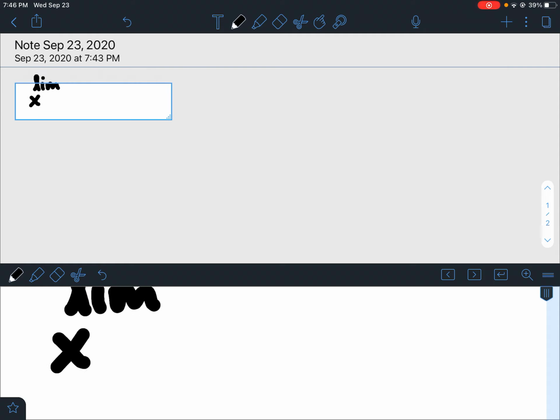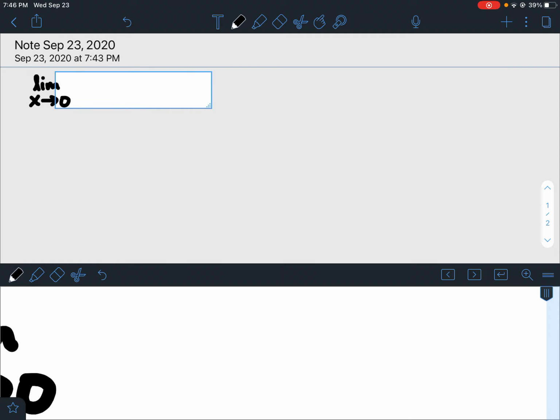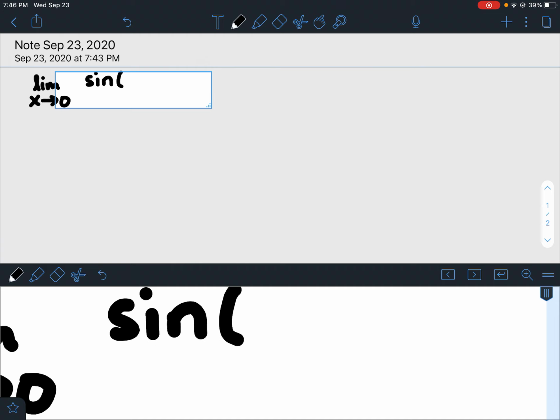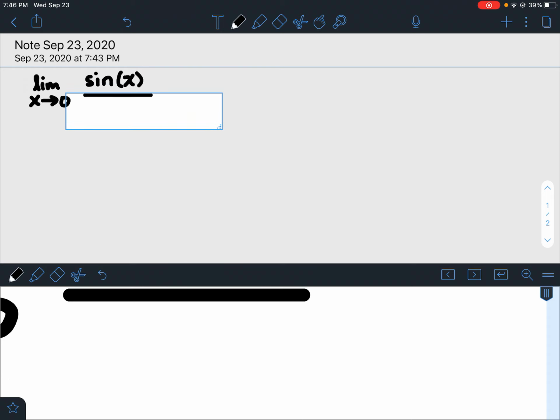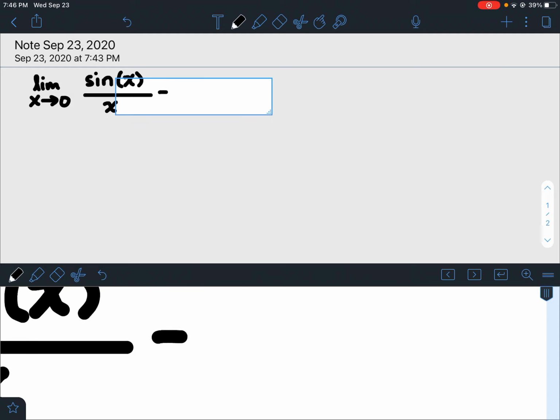Limit as x approaches 0 of sine of x over x, right? So our goal was to figure out why that wasn't indeterminate, right? It's a thing that she said you have to remember.